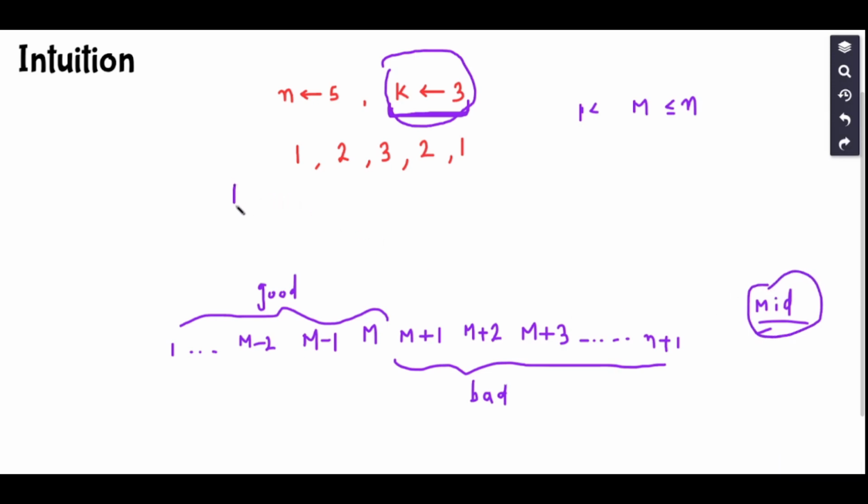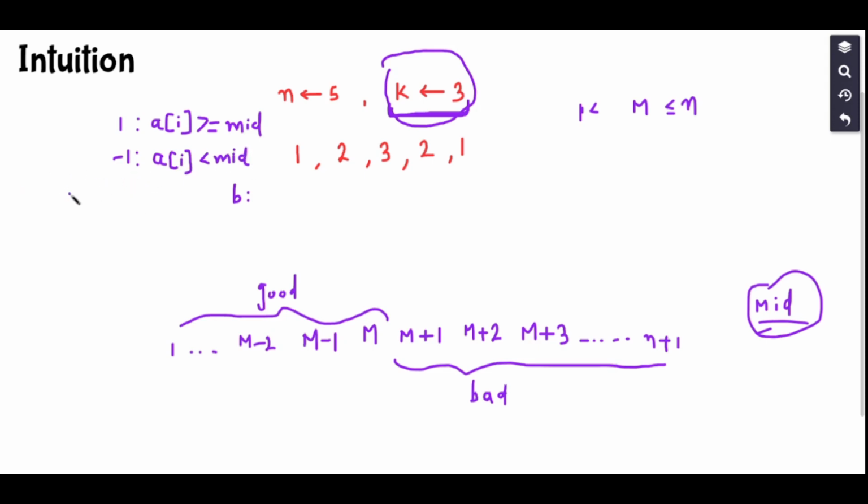Let's call it array B for this array A, and put one for all those elements, let's call it A[i], which are greater than or equal to mid, and let's put -1 for those elements in the array B which are less than mid. Why we are doing this, you will understand it.